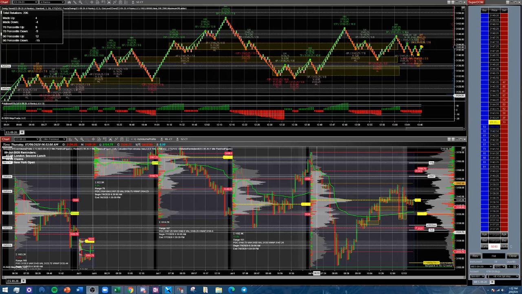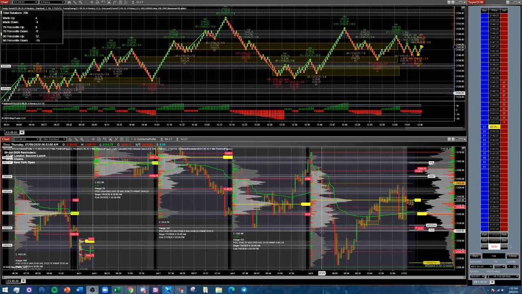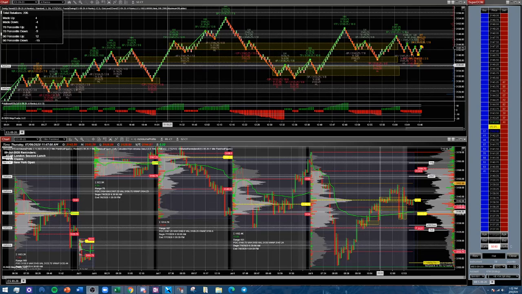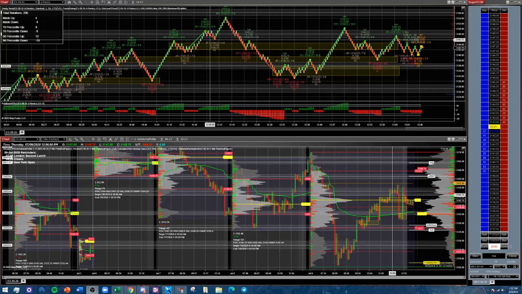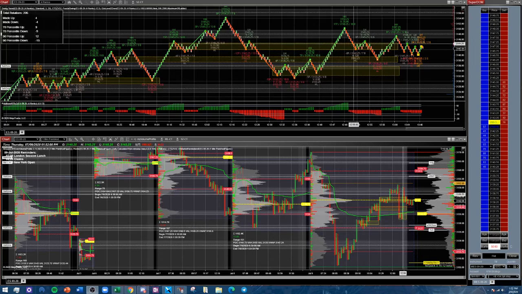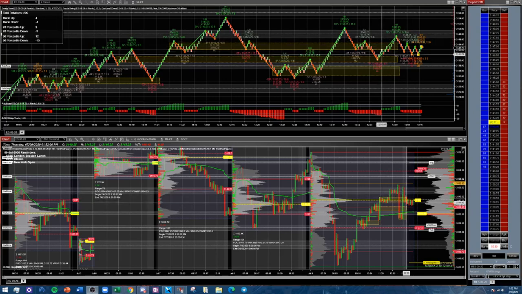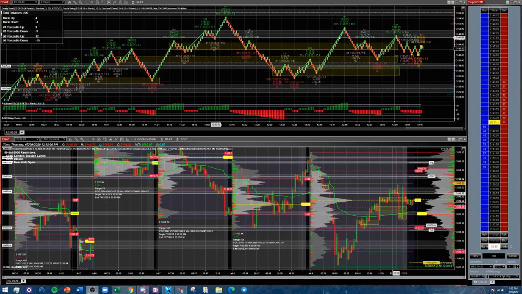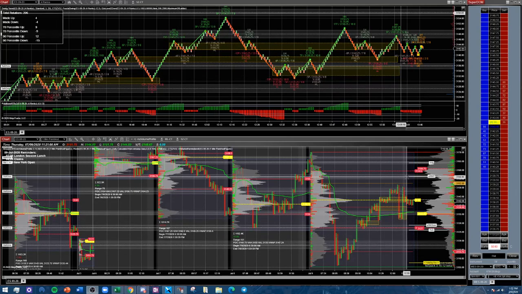For me at least, it's really beneficial to look at the overall trend and see what the market is doing, the large time frame players, before you ever start looking at this detailed stuff. Because if you're trading off of the details and you're not taking the larger move into context, you're never going to be able to get consistent.